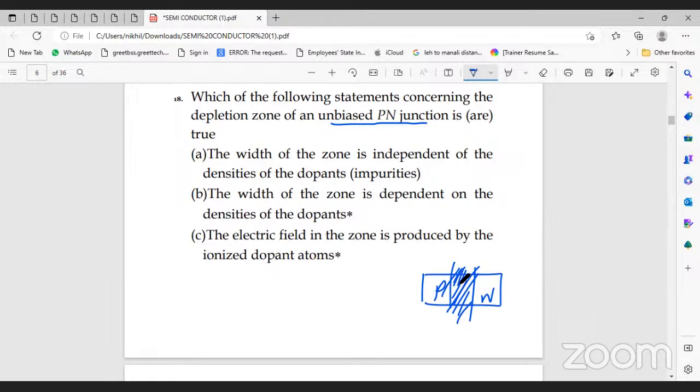If the external source is not connected, the width of the depletion region will not change. There will be ions only because of the electric field which is going to exist, and also the width of the zone is dependent on the density of the dopants. So if the dopants are more, then the width will be more. So your two options are correct, that is B and C.